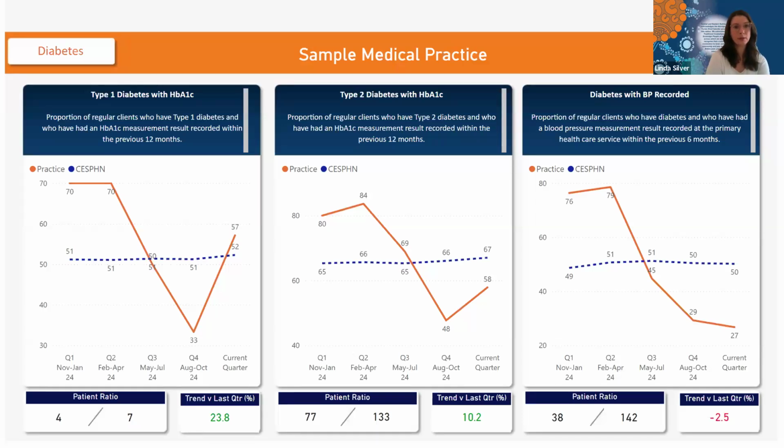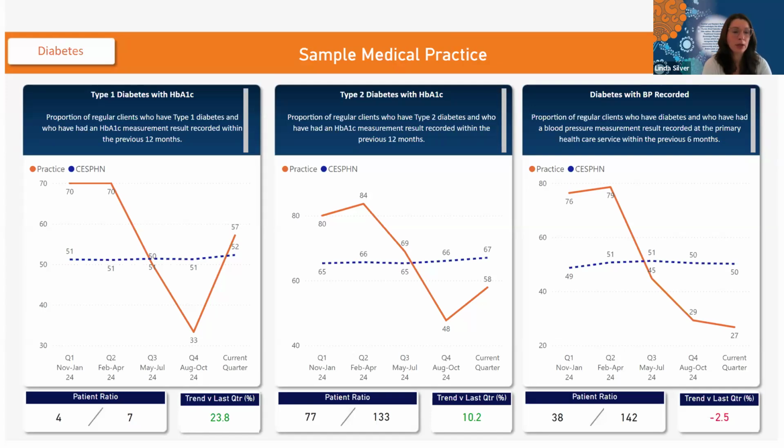These clinical measures are displayed as line charts. The orange line shows your practice progress across the last 5 quarters, so 15 months. And the blue dotted line is the average performance of all practices in our region combined.